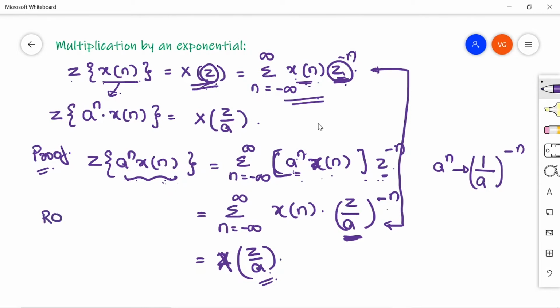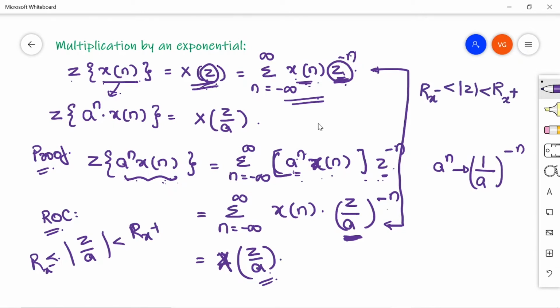Now coming to the ROC part, the ROC of the transform of a power n x of n is nothing but z by a lying between Rx minus and Rx plus. That is, if the ROC of x of n is in the limits Rx minus to Rx plus, then the z transform's ROC will be such that z by a is in this range.